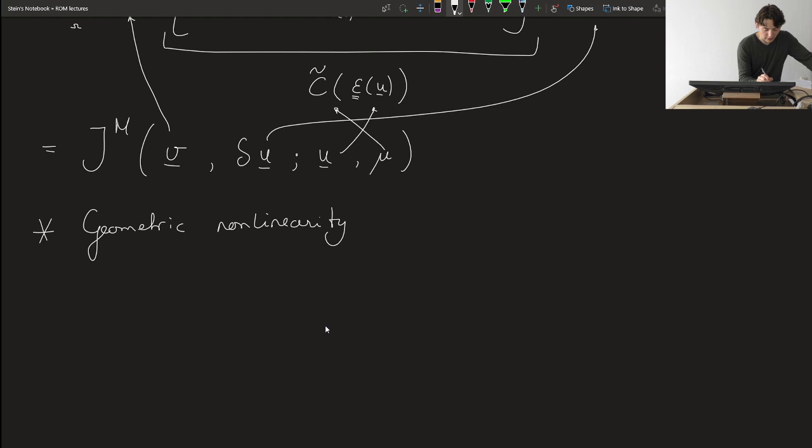So now we have a new Jacobian that we're interested in, JG for geometrical nonlinearity, which is again a linear form with respect to V, a linear form with respect to del U, so this is a bilinear form. Once it has been given a solution U and a parameter point mu.